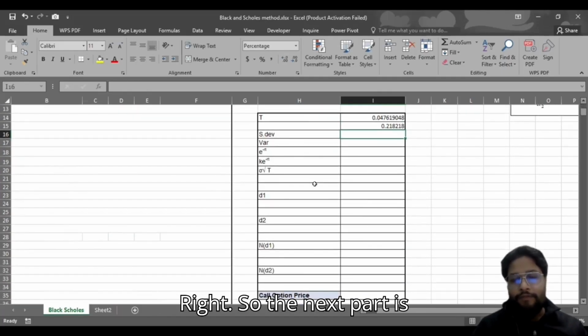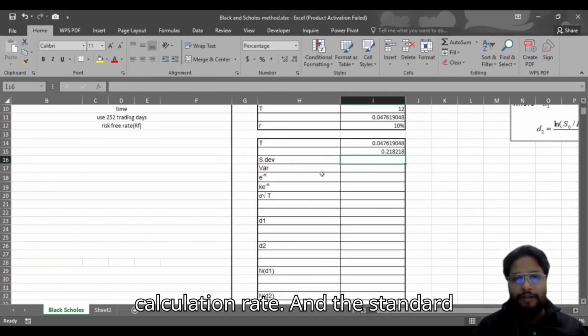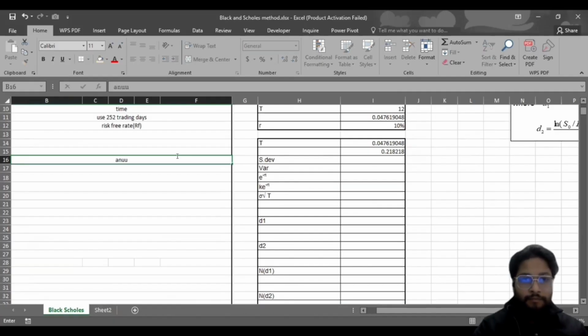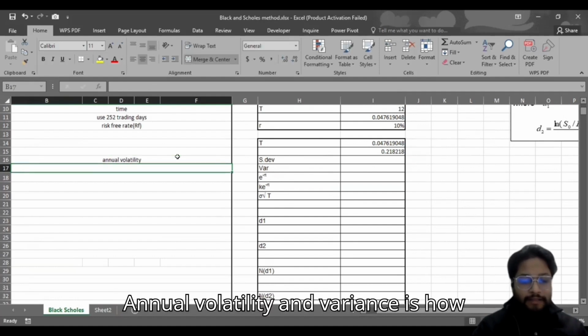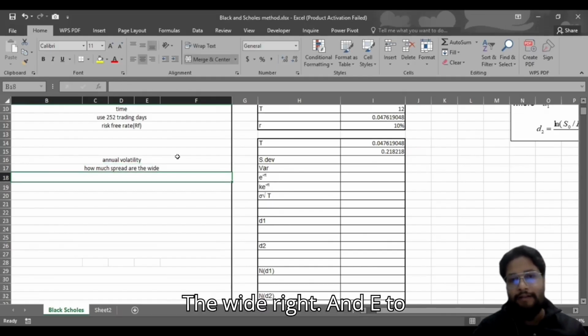The next part is the variance and standard deviation calculation. Standard deviation measures the annual volatility, and variance is how much the spread is.